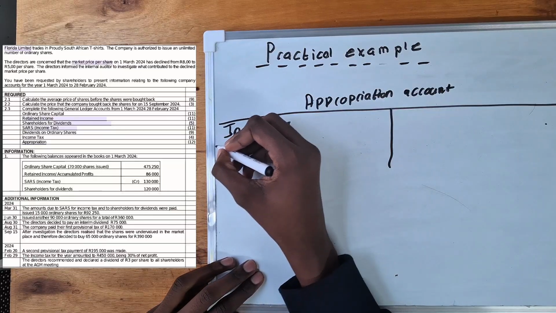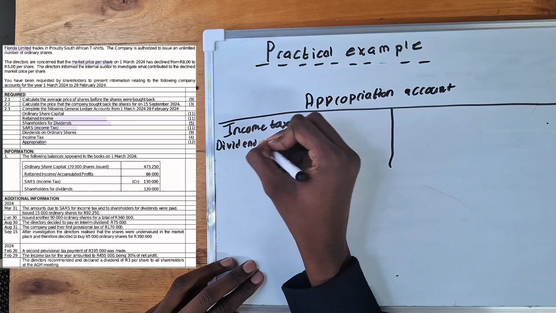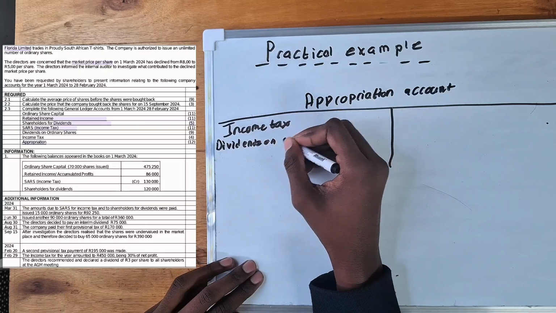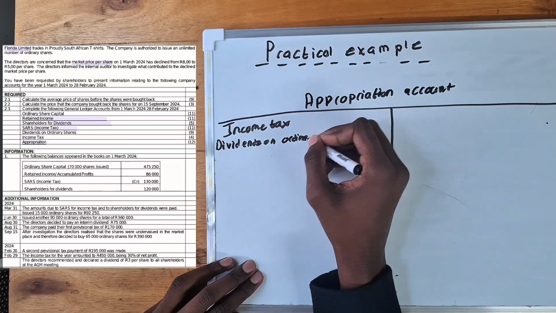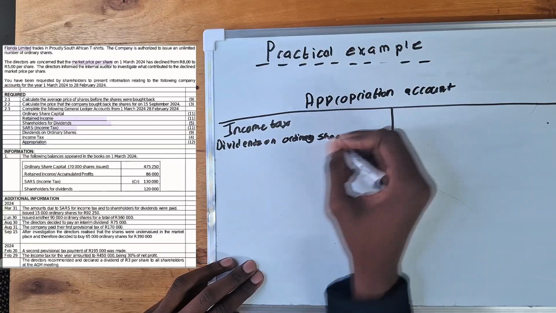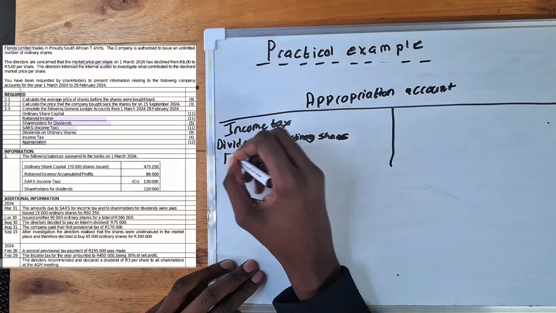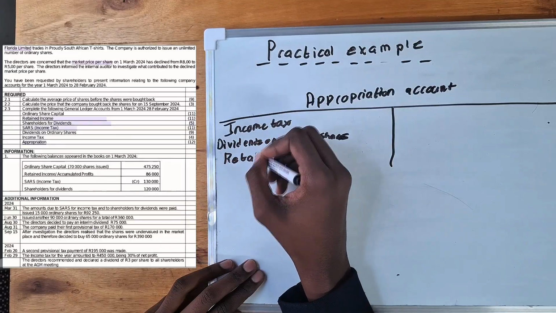We also write our dividends on ordinary shares. Please mind my handwriting, guys. And the last one, we write retained income, right?